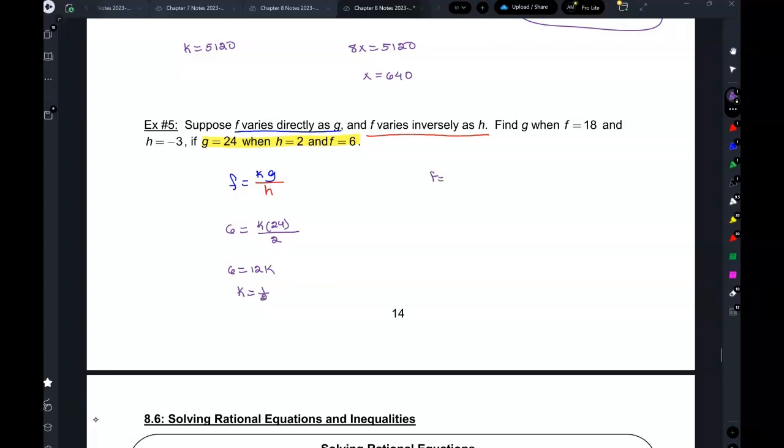So f is k times g over h. I can also write it like that. So f is 1/2 g over h. And what do we need to find? g when f is 18 and h is negative 3. So 18 is equal to g over negative 6. So g is negative 108.